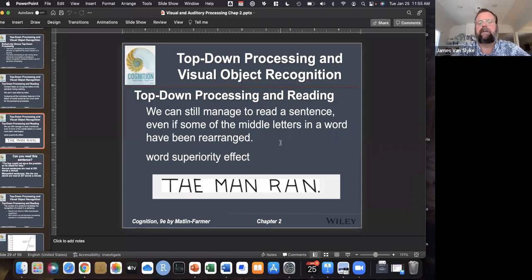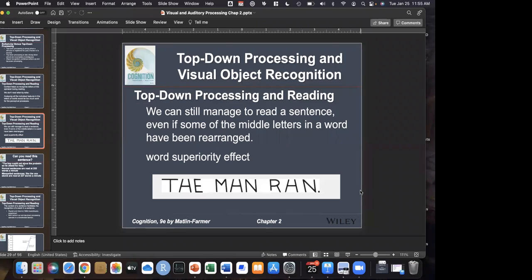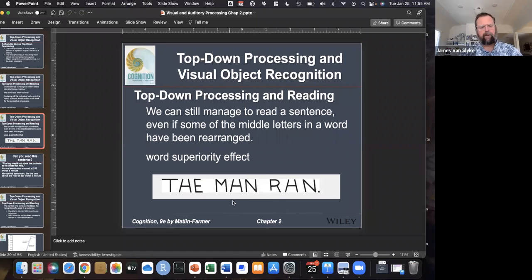One is the role of top-down processing in reading. So can anybody read this particular sentence here for me? The man ran. Yeah. Now, most people, when they're given this stimulus, find it very easy to read this sentence.